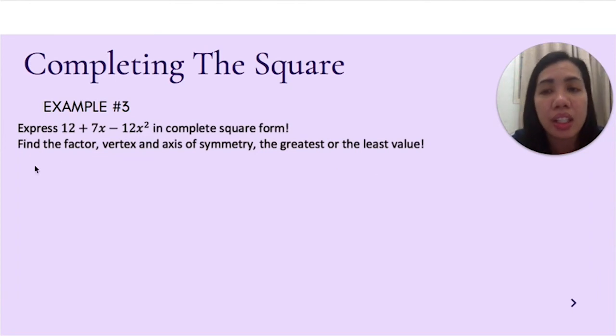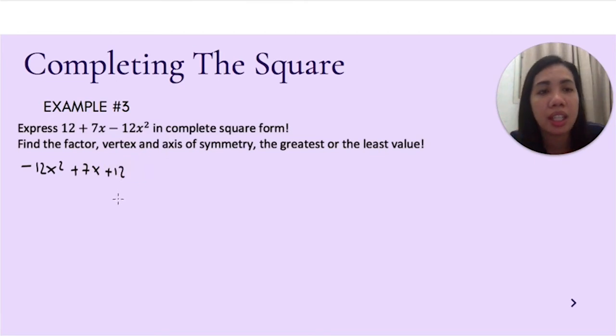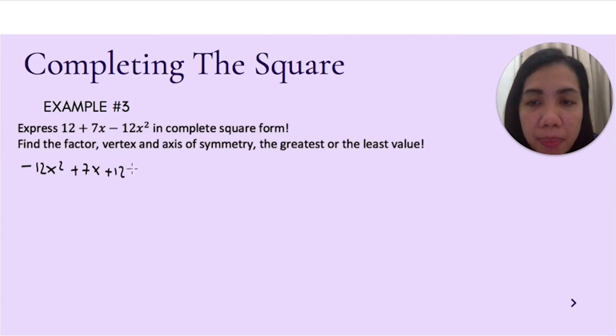Okay, in here, actually we have to write this in order, start from the highest degree to the constant. So we have to put this in order first. Minus 12x squared plus 7x plus 12. Now we have an ordered quadratic expression. I'm going to make this equal to 0.